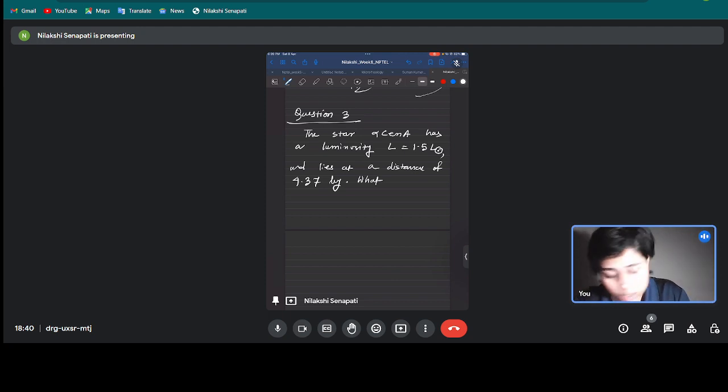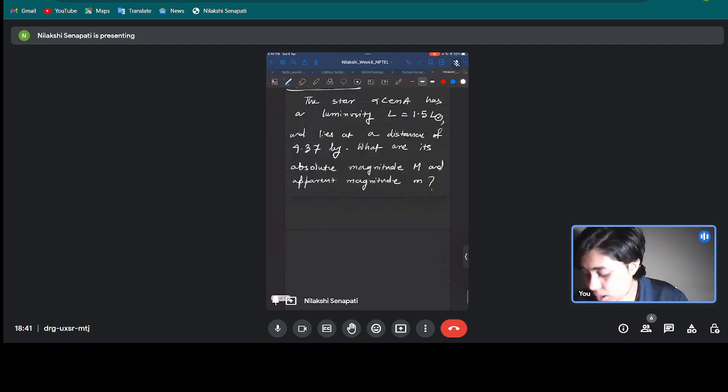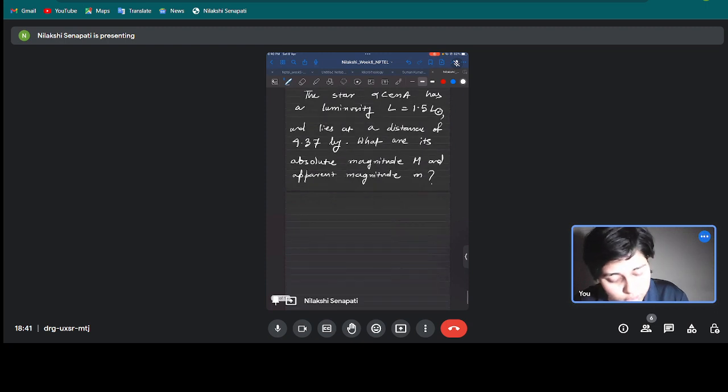Then what are its absolute magnitude M and apparent magnitude small m, and what then is its distance modulus?